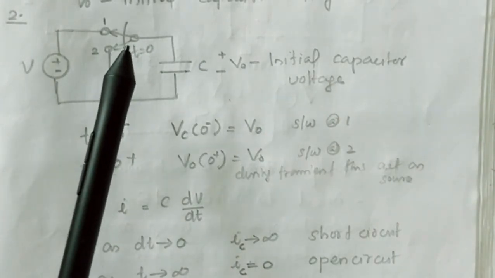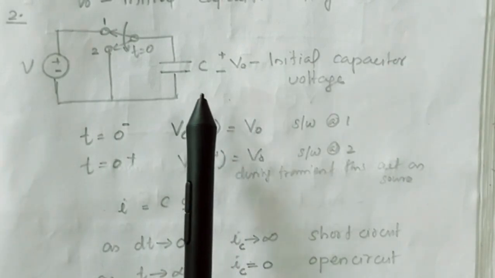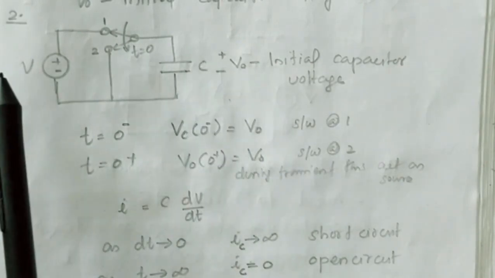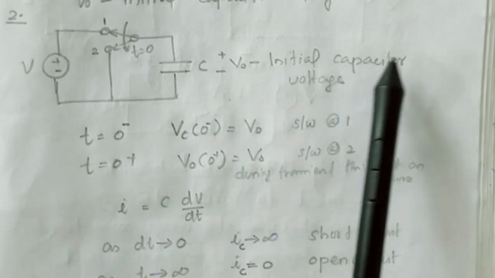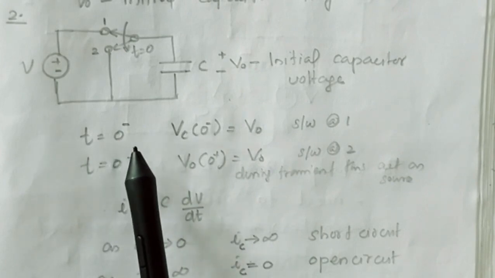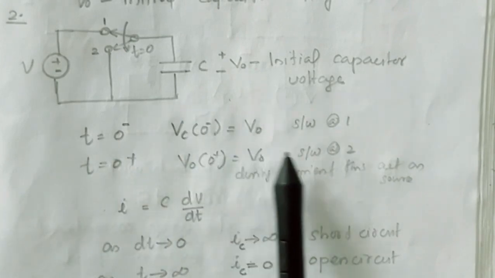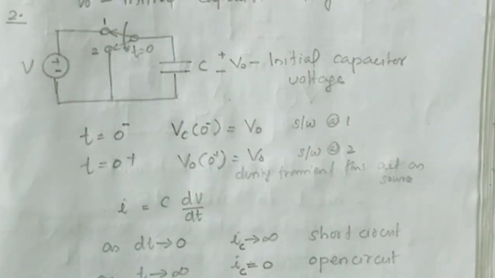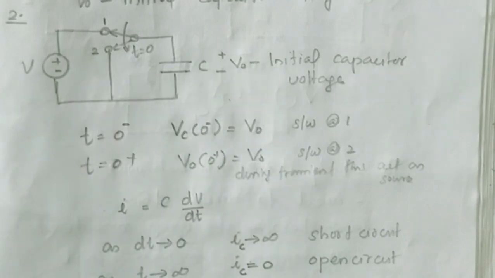Now let's consider the second case. Here, initially assume the switch was in position 1. Under that condition, the voltage across the capacitor is V, let it be denoted by V0, the initial capacitor voltage. So just before switching, at t equal to 0 minus, Vc(0 minus) is equal to V0 when the switch was in position 1. Now what happens? The switch is placed in position 2 at t equal to 0.